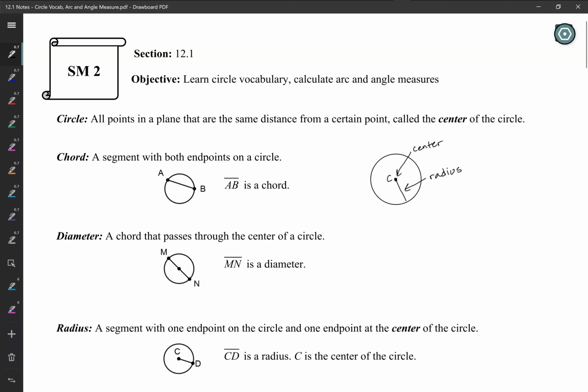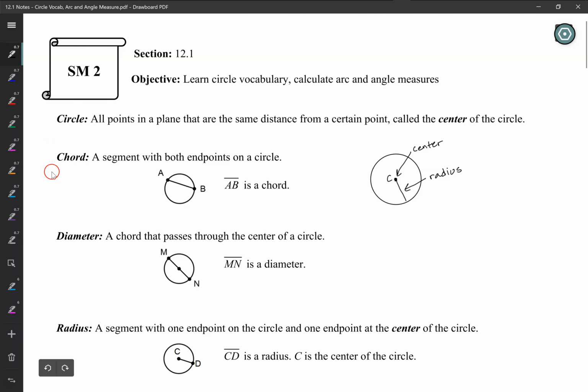So there are some other words that you may not know, and you need to know how to name them correctly. So the first one you need to know is chord, spelled like a musical chord. C-H-O-R-D, chord.